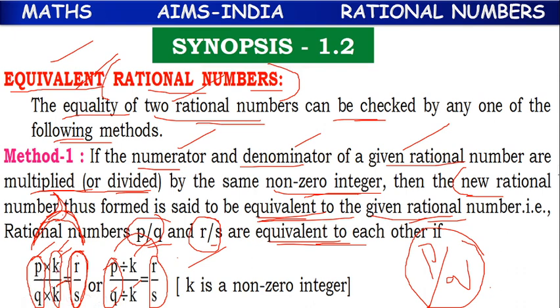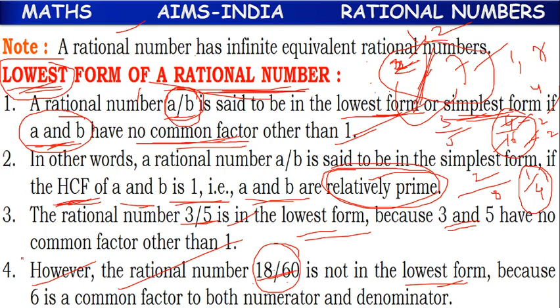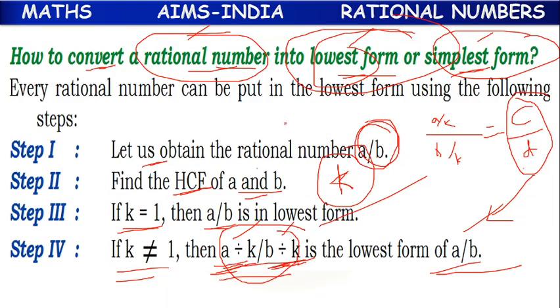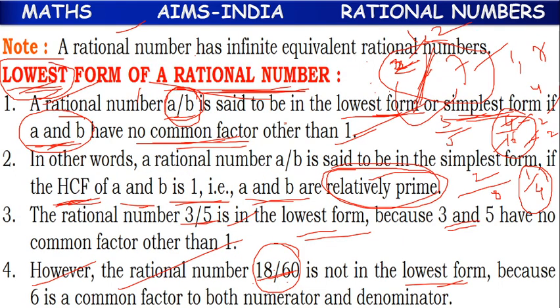If they are multiplied or divided with the same non-zero integer, then the resulting rational number is said to be equivalent to the first one. Or lowest form. What is lowest form? They should have no common factor other than 1.